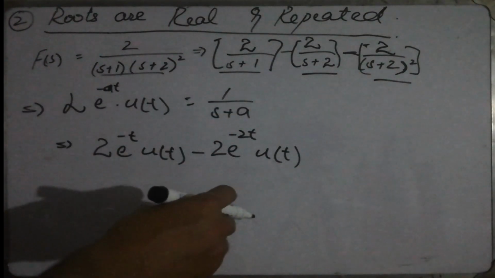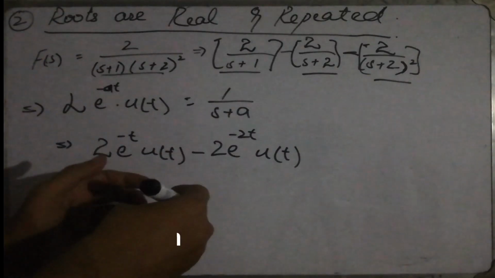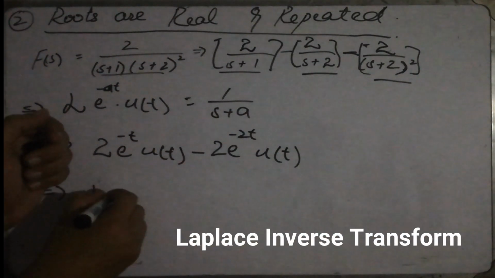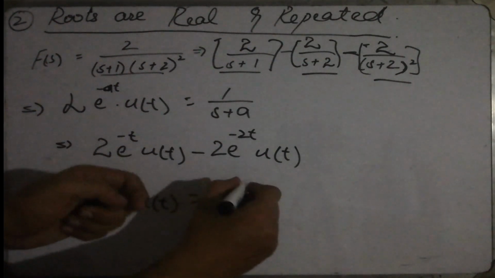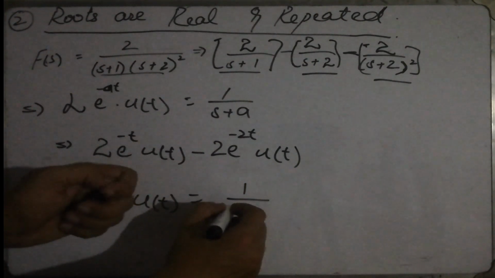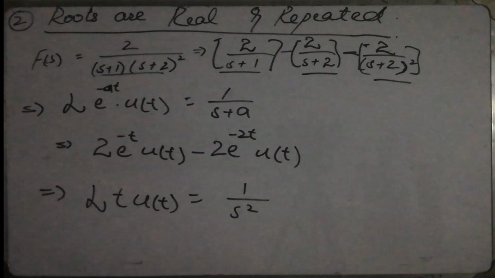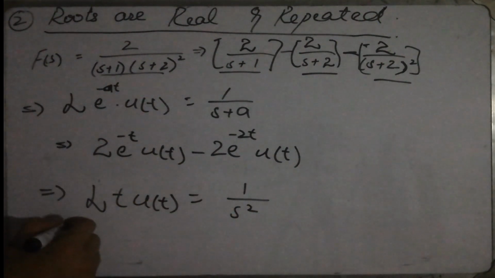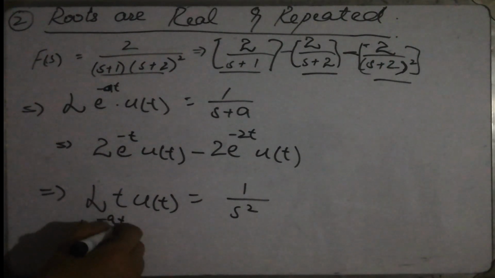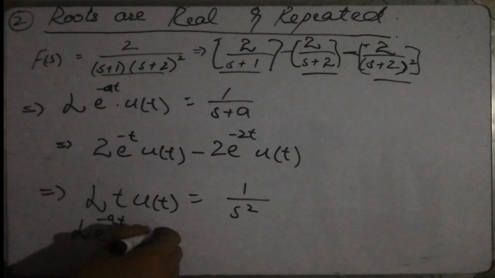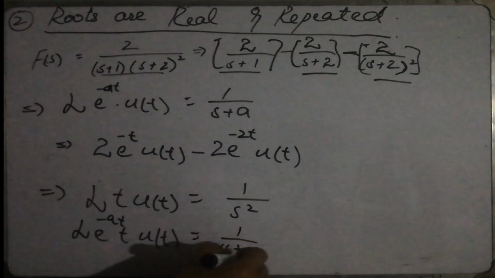If you look at table number 2.1, we would see that it resembles t times the unit step function, which is obviously 1 divided by s square, and then we can shift this one by multiplying it with e to the power negative at times t times the unit step function, which will make it 1 divided by (s plus a) whole square, right?